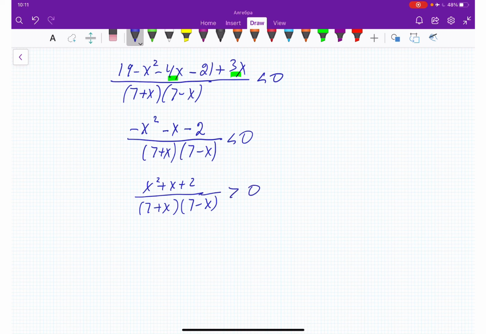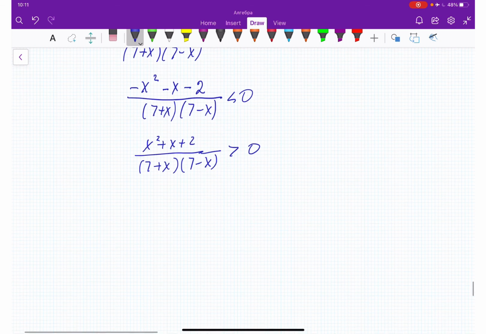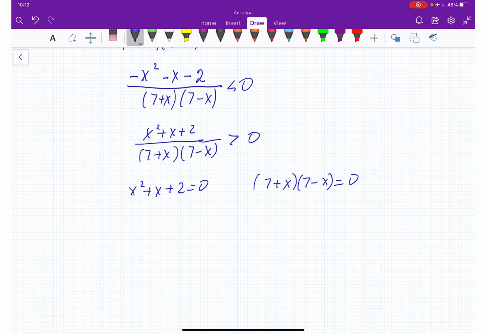If we flip the sign also. All right, so x squared plus x plus 2 is equal 0. 7 plus x times 7 minus x is equal 0. So let's solve this one. I don't think we can break it down, so we are going to go with ax squared plus bx plus c.